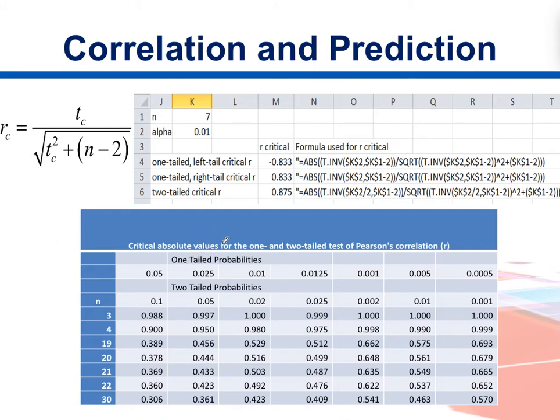So if you want to do this one-tailed test, you can go for those one-tailed probabilities. Here if alpha is 0.05 and you want to go for one-tail probabilities, you will follow this column, alpha 0.05. For two-tail probabilities you would go into this column, and that way you can get your respective value for the r critical.